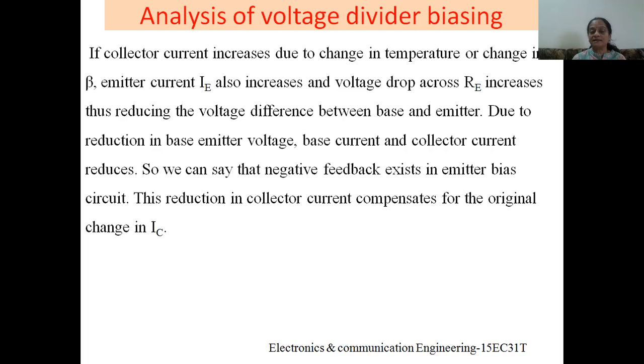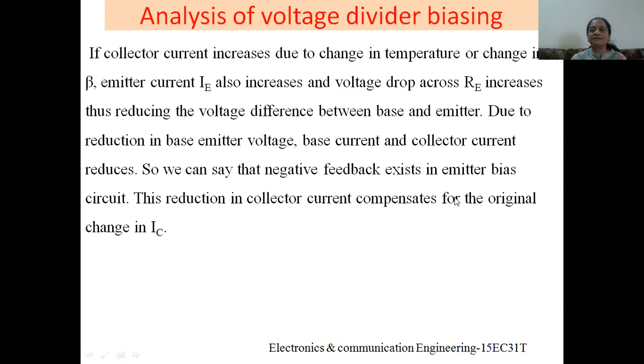So how it compensates is, if the collector current changes due to temperature or beta, the emitter current increases, which in turn increases the voltage drop across RE. This reduces the base-emitter voltage. So when the voltage in the input circuit reduces, base current reduces. When base current reduces, the collector current reduces. So there is a feedback, a negative feedback that exists in emitter bias.